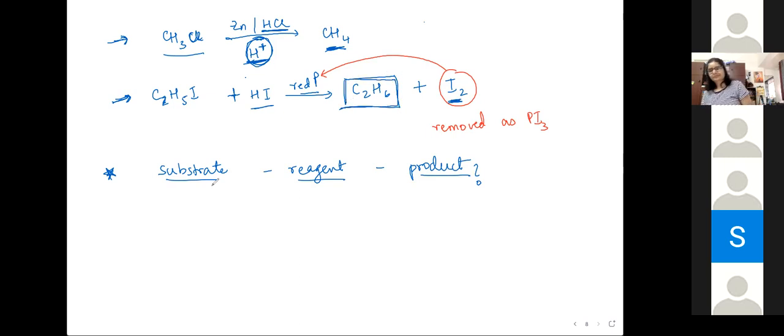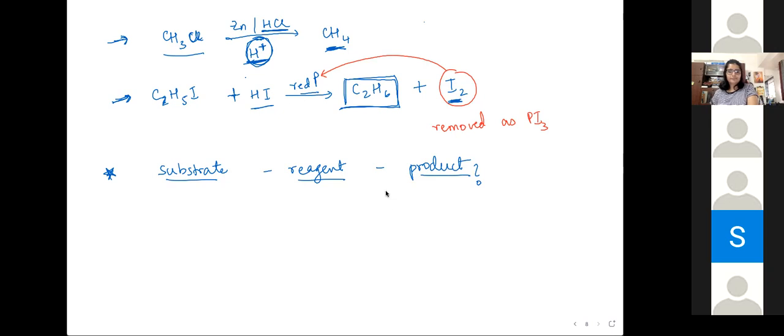So do we not need an acidic medium there? No. In terms of acidity, HI is more acidic than HCl. And both the reactions are different, right? This in an acidic medium follows a different mechanism compared to this. They're both different reagents that we take.